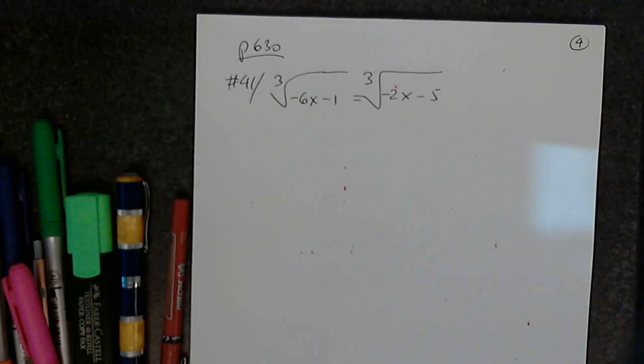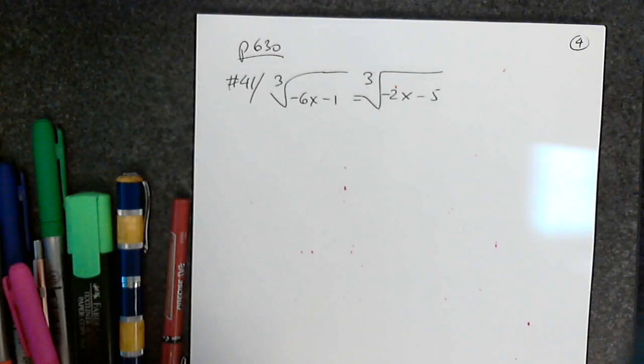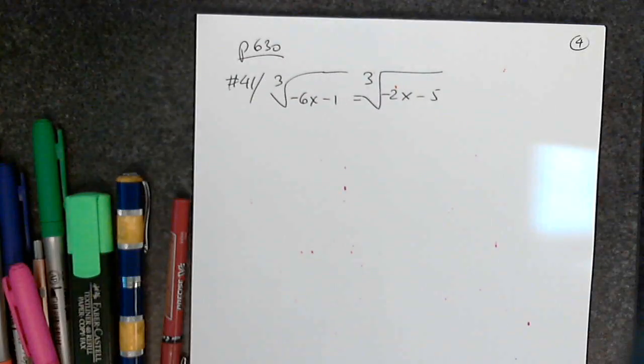Problem 41 on page 630. We cannot simplify. The cube root of a sum cannot be simplified in any way, shape, or form, or a difference.